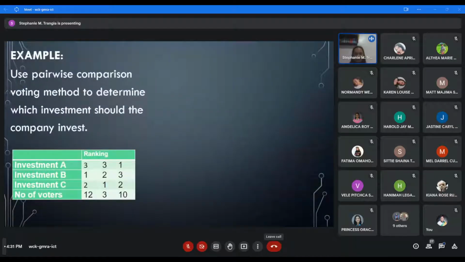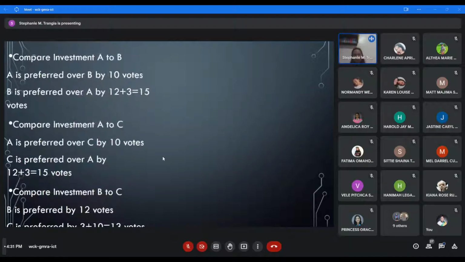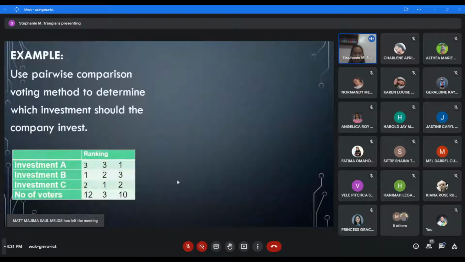Next, A versus C. So 2 versus 3. So 12 points for C. 1 versus 3. So another 3 points for C. Sorry, 1 versus 2. So 10 points for A. So A is preferred over C by 10 votes. C is preferred over A by 15 votes. And lastly, we have B over C. So 1 versus 2.